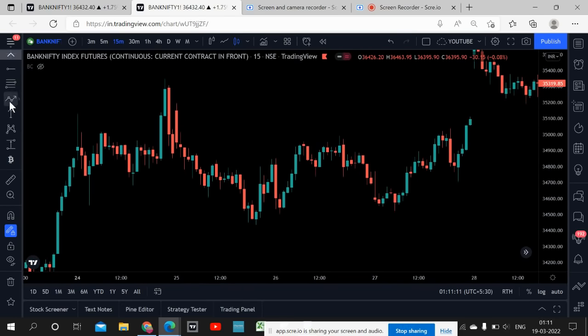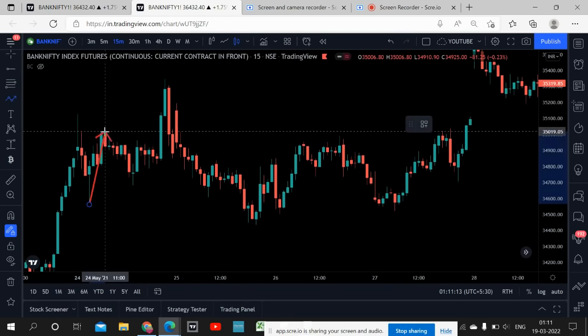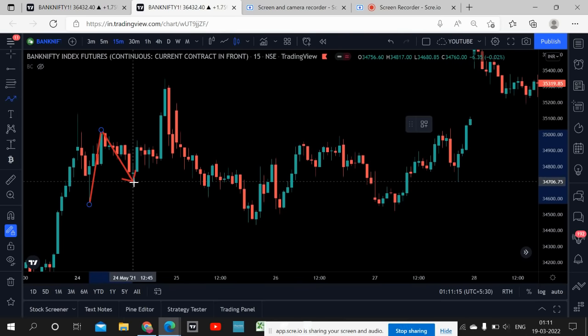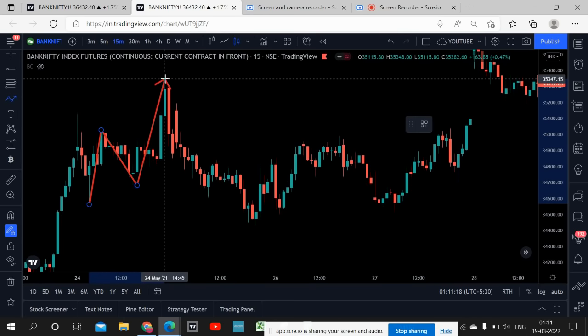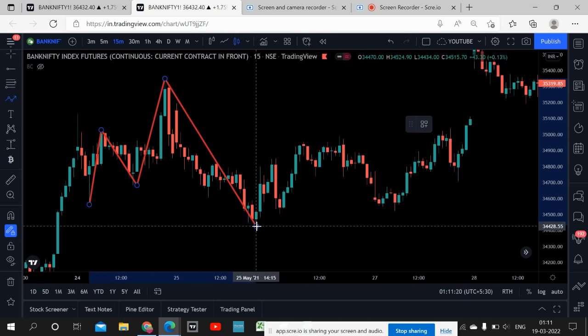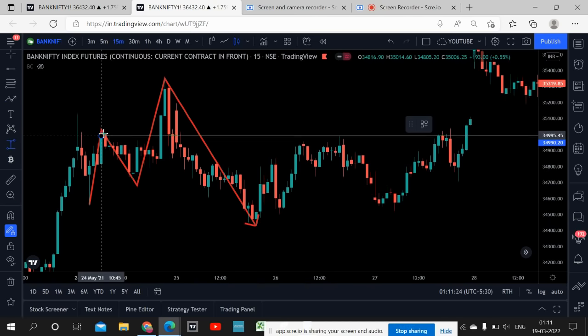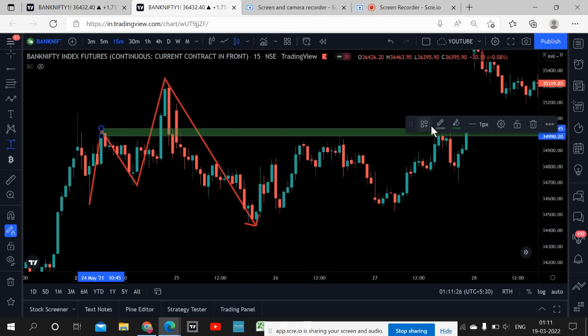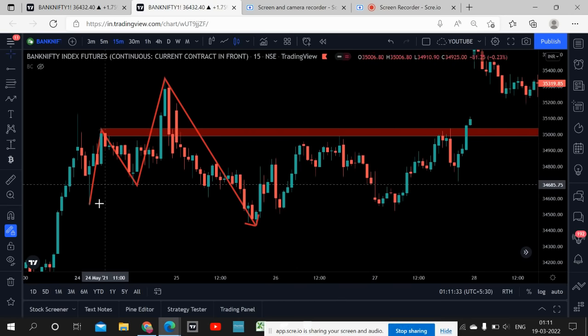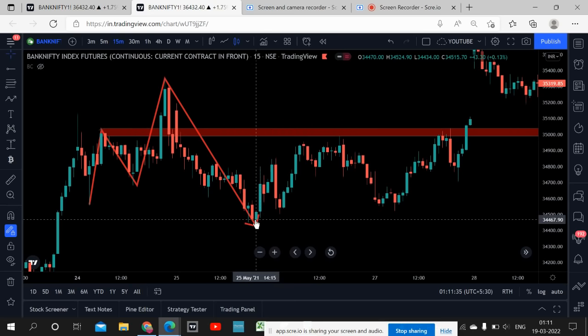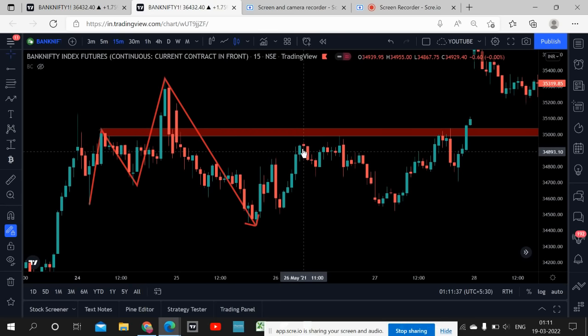Okay, what I could see here is this is a strong closing, so I'm marking this level. See, almost like a sniper entry. It made a trend reversal down when the price came to this zone.